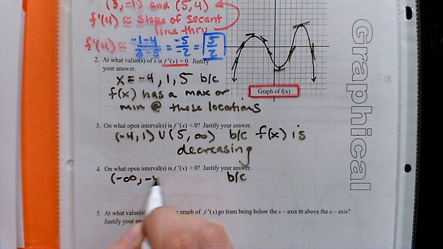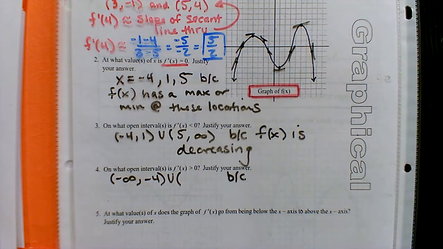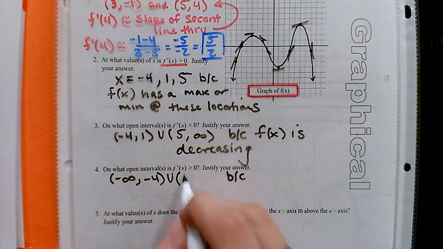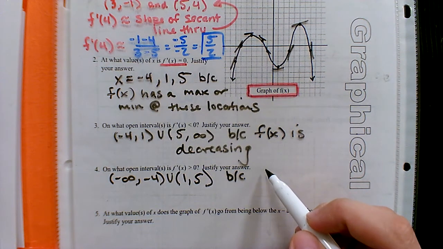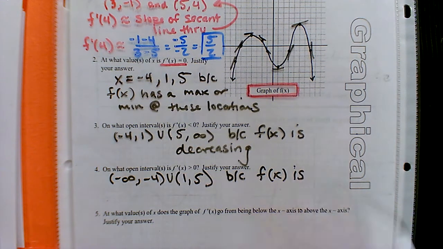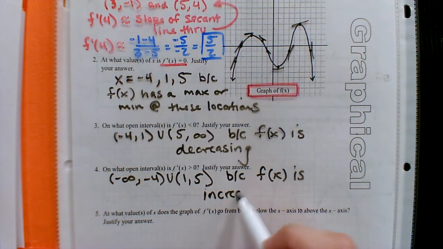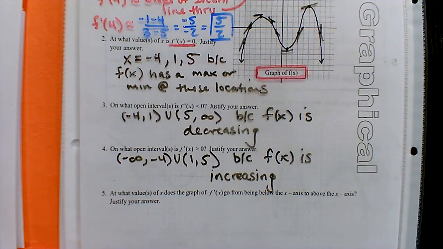Negative infinity to -4. Can we find another one? Good, Anastasia? 1 to 5. Because? Yeah. f of x is increasing. If you're increasing, your slope is positive, aka your derivative. Good.